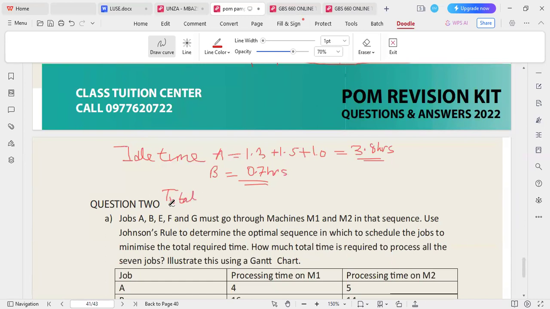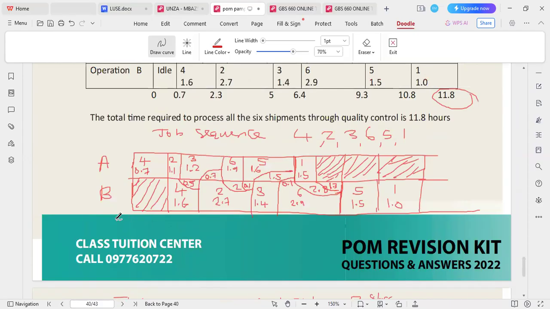So total time required is given by, we add the total time: 0.7 plus 1.1 plus 1.2, then plus 1.9, then plus 1.6, plus 1.5, all right, then plus 1.3, including the idle time, 1.3 plus 1.5, then plus 1.0.